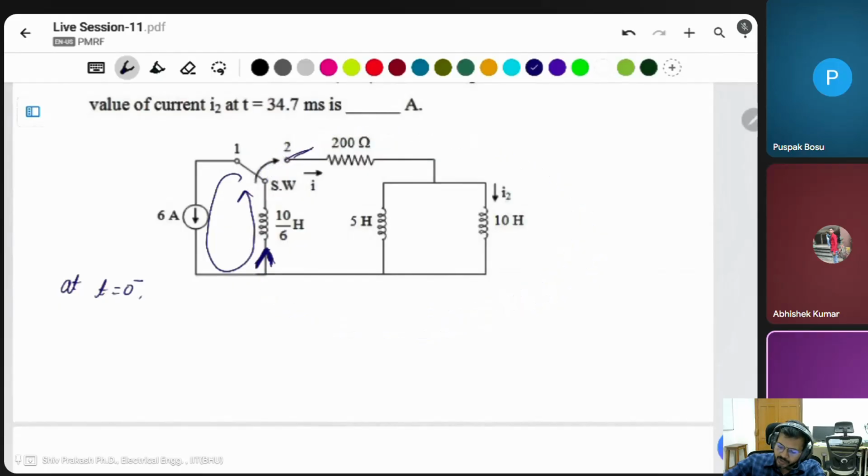But before t is equal to 0, there is a source. That source is connected like that. The direction of the current is the same before 0 and after 0. You can't change the direction of the current because the current through the inductor cannot change suddenly.